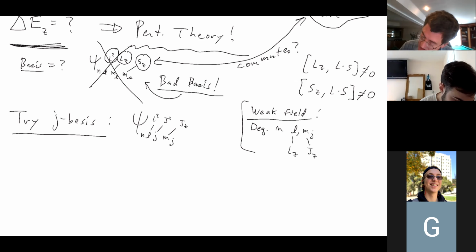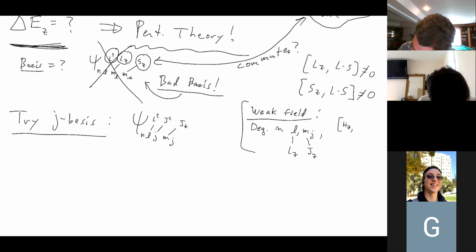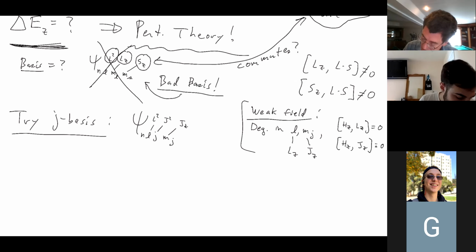And so for the weak field case, this is what we did last time. We said that this was a good basis for weak field because the Zeeman term commuted with L sub Z, and the Zeeman term commutes with J sub Z. And we know that the spin orbit commutes with these as well, so the spin orbit is also okay.